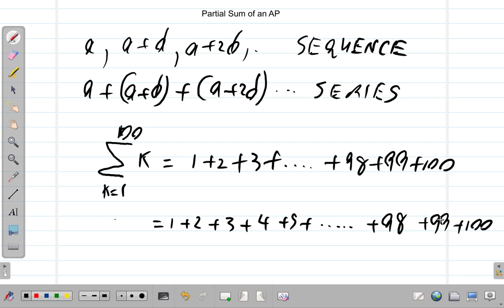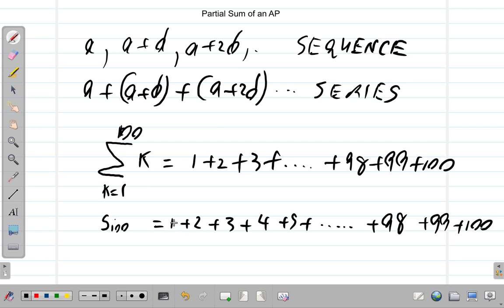So remember, this is a specific example. We're going to look at a general example later on. So this is the sum. Let's call it S100, meaning it is the sum of the first 100 terms.